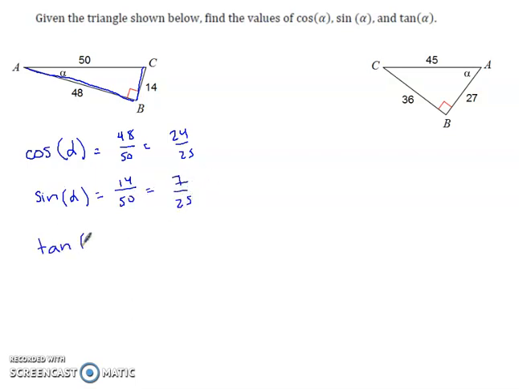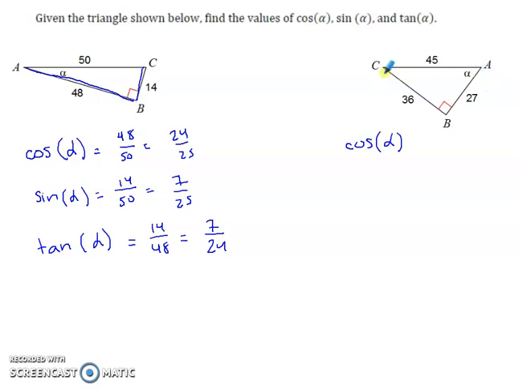And tangent of alpha is going to be opposite, which is 14, over adjacent, which is 48, and that reduces down to 7/24. In our second triangle, the cosine of alpha. Here's my alpha, the adjacent side, the adjacent leg.